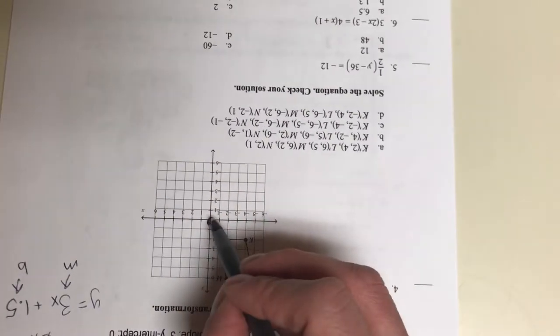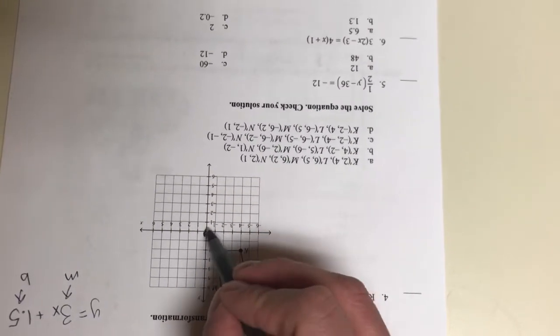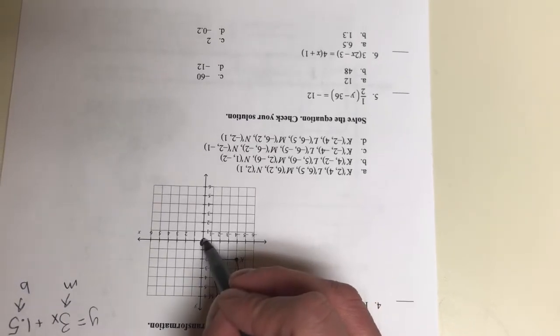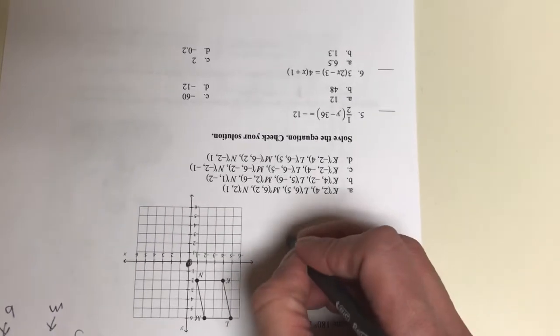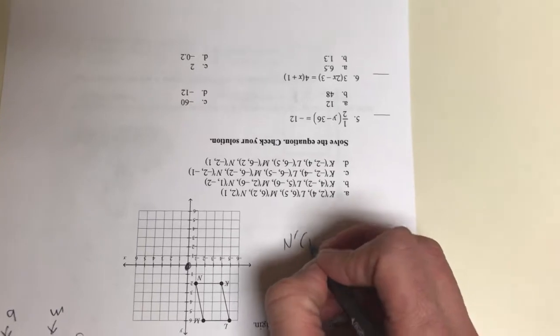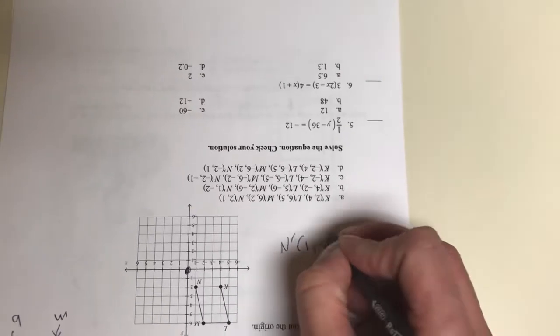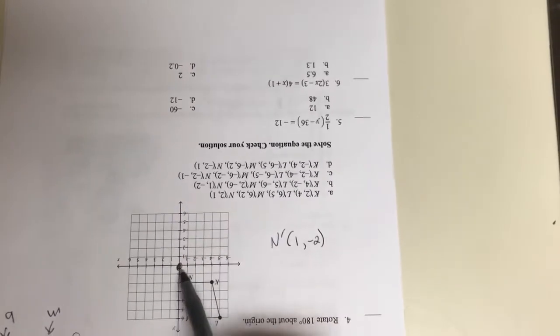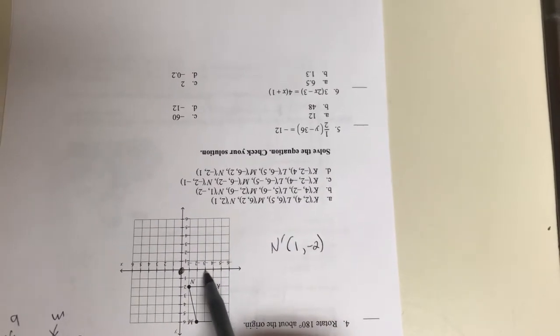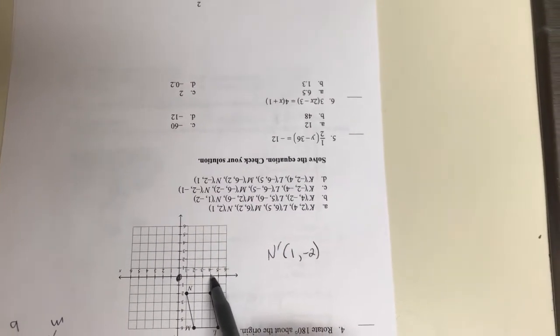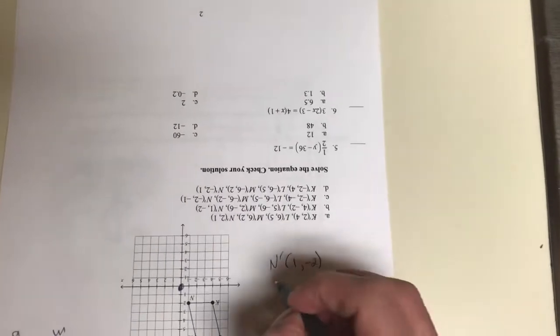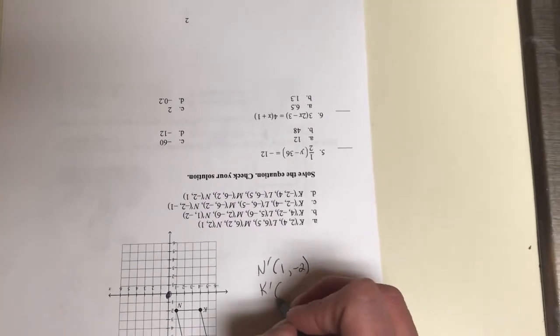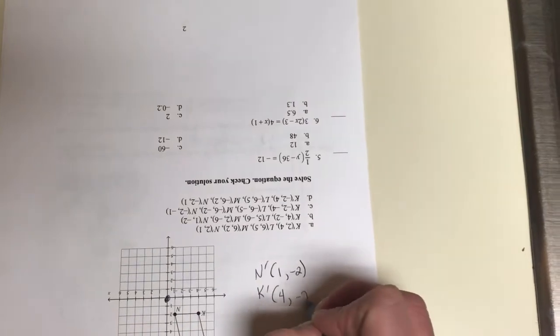It looks like my N is right there, so my N prime is going to be right 1, down 2. So I'm going to write that out here. N prime is right 1, down 2. Let's pick another letter. How about K? K appears to be right 1, 2, 3, 4, down 2. So K prime is right 4, down 2.